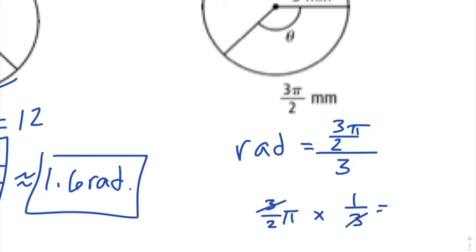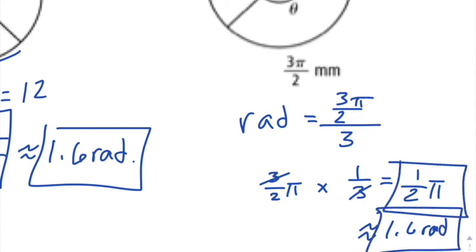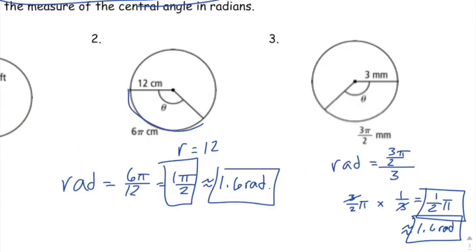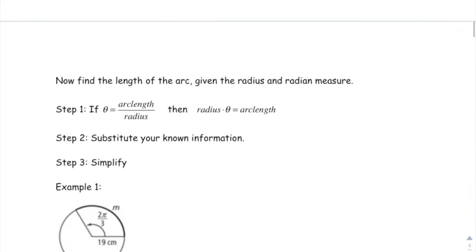Those 3's cancel each other out, and you get pi over 2 again, which is about 1.6 radians. So there you go. It's just how many radiuses around the circle instead of how many degrees around the circle. That's the only thing that's different about it.